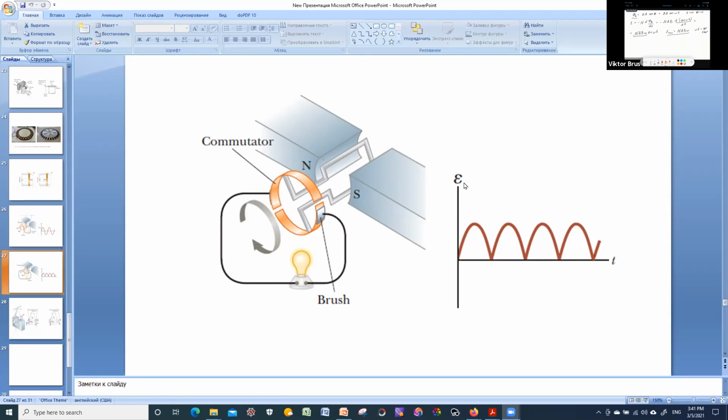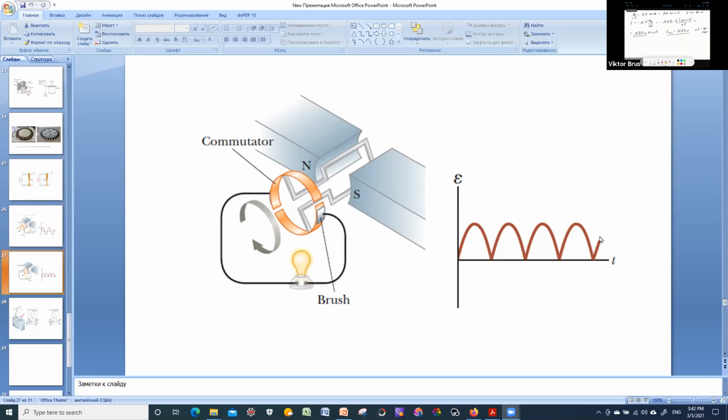First of all, we can make a much more complicated system of frames and commutators. We can use many metal frames and many commutators, and then they will smooth this pulsed DC signal.